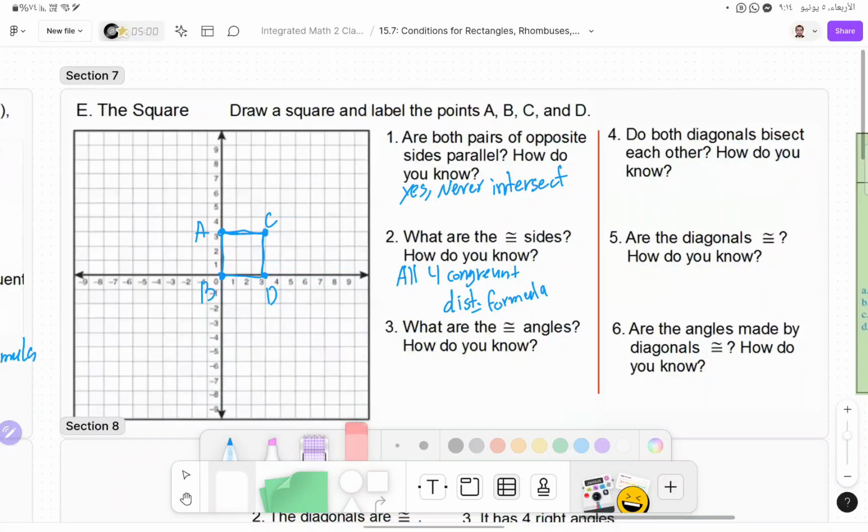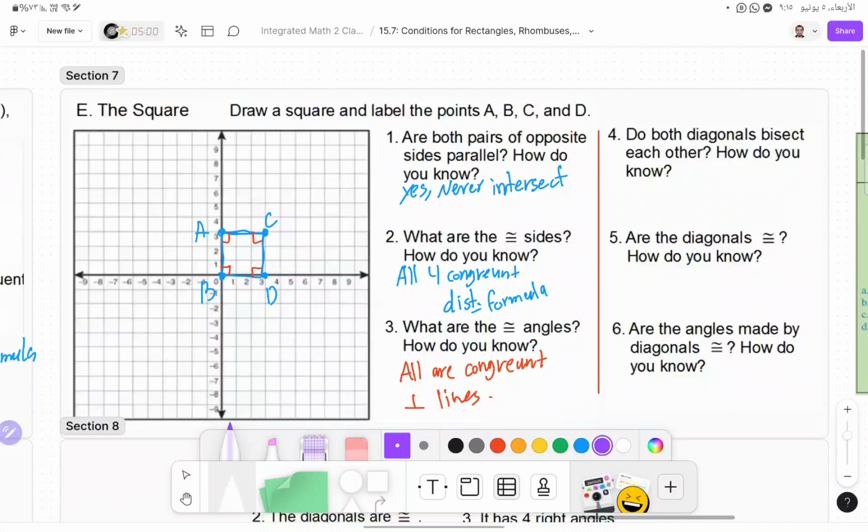What are the congruent angles and how do we know? As you can see here, all the angles are congruent because they are perpendicular lines. Now, do both diagonals bisect each other?